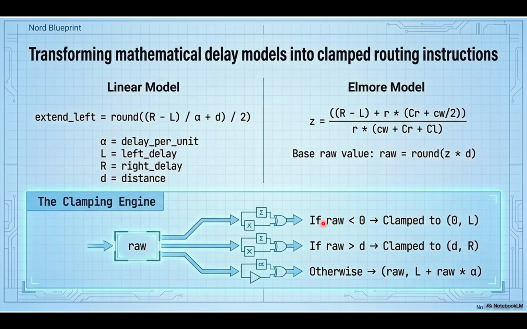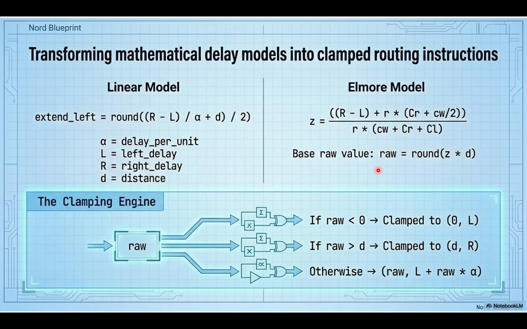But there's a detail in the developer logs here that is absolutely fascinating to me. Inside that blueprint, the pure function includes something called a raw value. Ah, yes. This is where we transition from purely software architecture into the physical geometry of the chip itself. Right, because the pure function spits out a raw value for where the tapping point should be on a specific segment of wire.